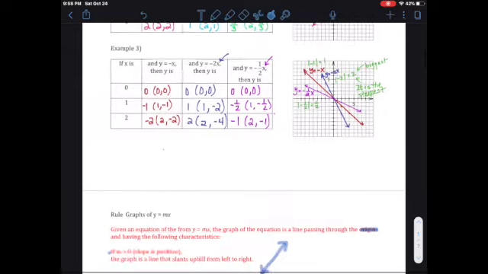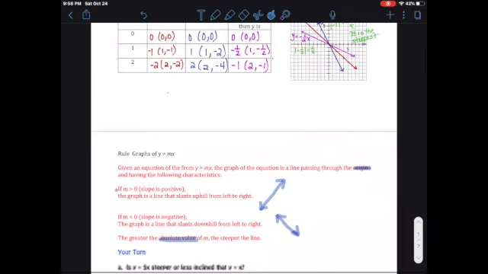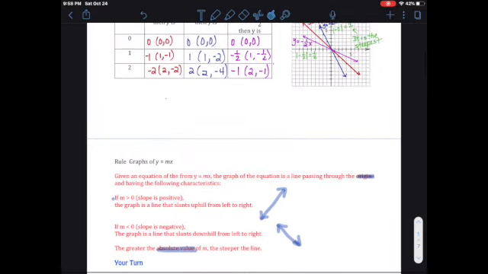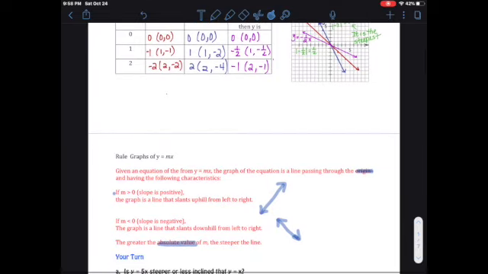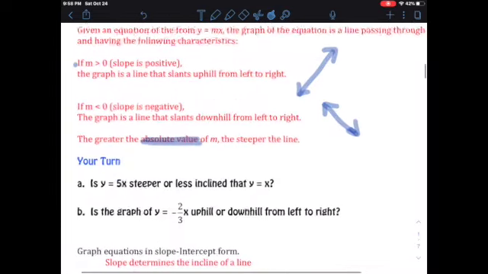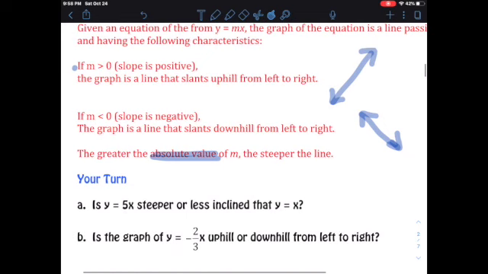I hope that explains everything on the steepness of the line. And now there are 2 questions for you, and then it's your turn. Please pause your video and answer it, and you can check your answer.